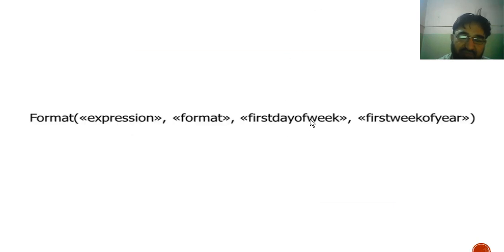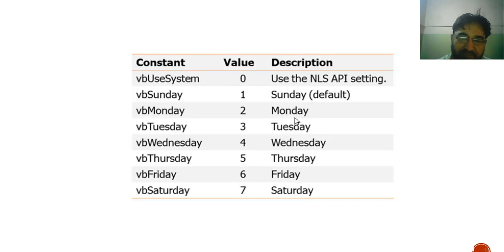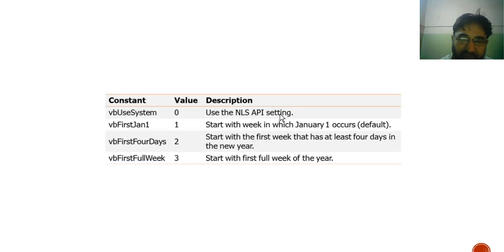So according to this format, if you give 1 here, the computer will understand that you want Sunday, the default first day of the week, and if you give 2 in the expression, it will be Monday.